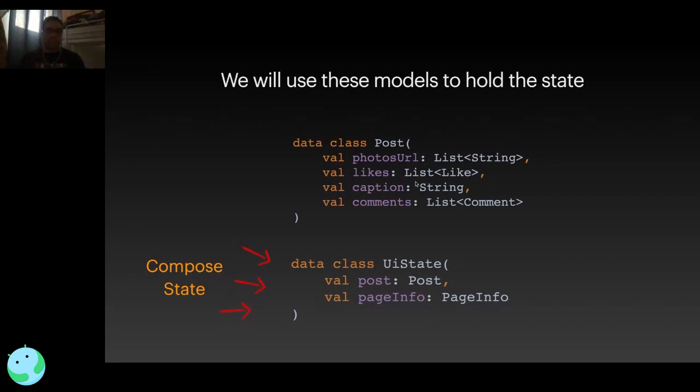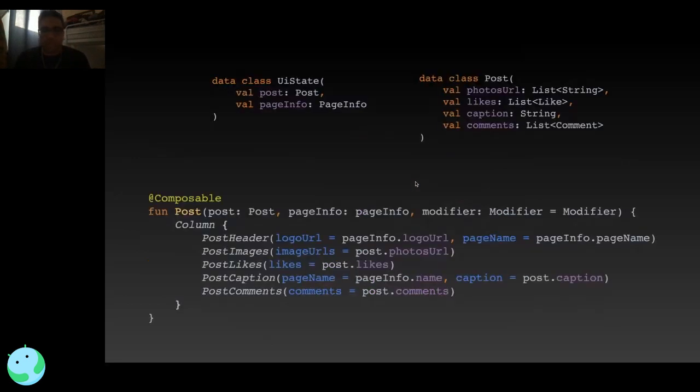So this is our post composable example. We accept a post and a page info. We render these other children composables: post header, which accepts page info logo URL, and post images, which will get all the URLs and will take care of showing either a carousel if there is more than one image, or just a single image, and hide the indicator below.